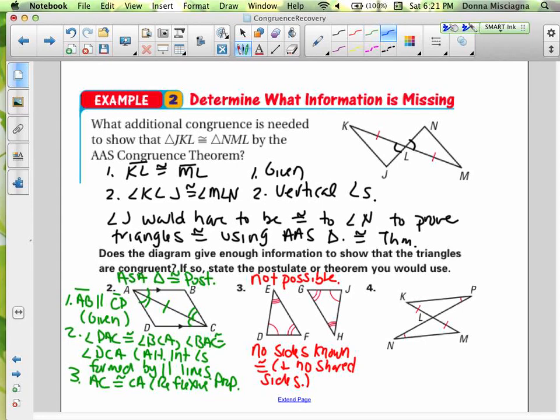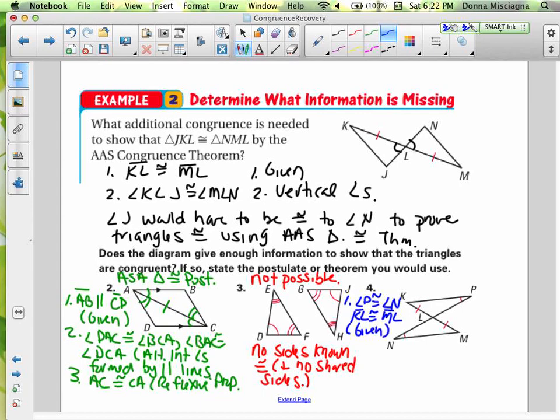Let's see what we got here. We are given, right over here, that angle P is congruent to angle N. We're also given that KL is congruent to ML. That's given.